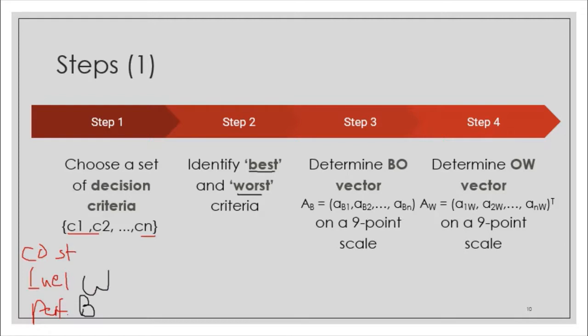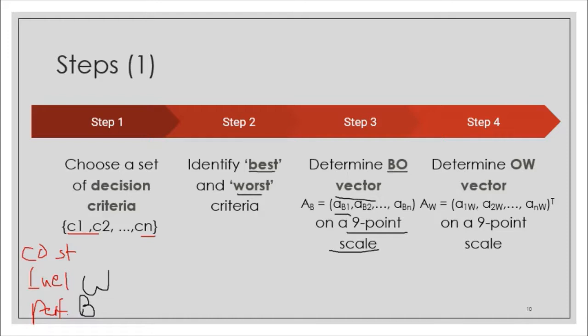After that, I'm going to determine the BO vector, or the best-to-others vector, which is on a 9-point scale, where 1 means that the criterion at hand is just as important as the best criterion. On the other end of the spectrum, 9 means that the best criterion is extremely more important than the criterion at hand.